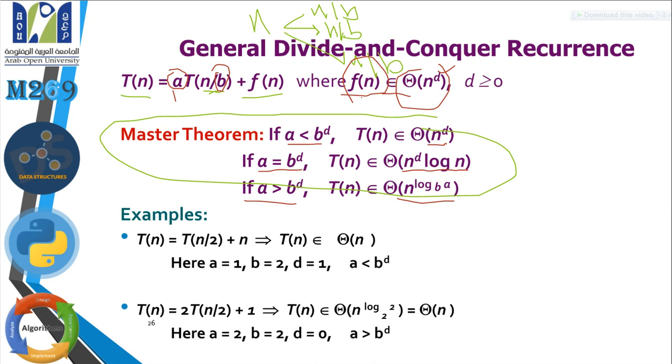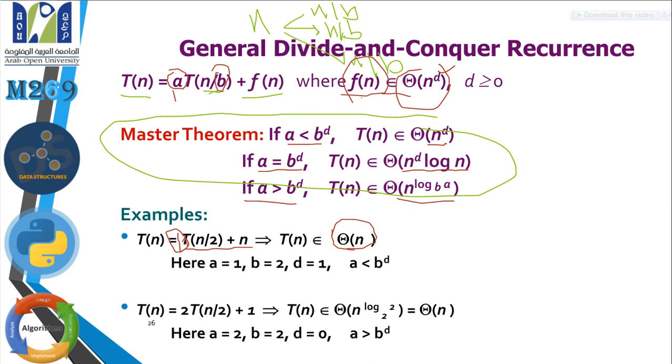Let's take this example. What is the big O notation of this function? Now, a, what is the value of a? Here is the a.